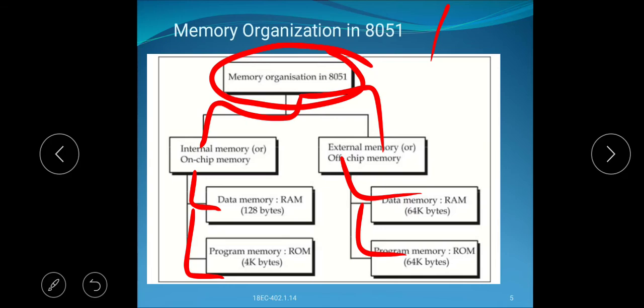The code memory is the memory that holds the actual program that is to be run. The data memory is the memory space where data are stored.